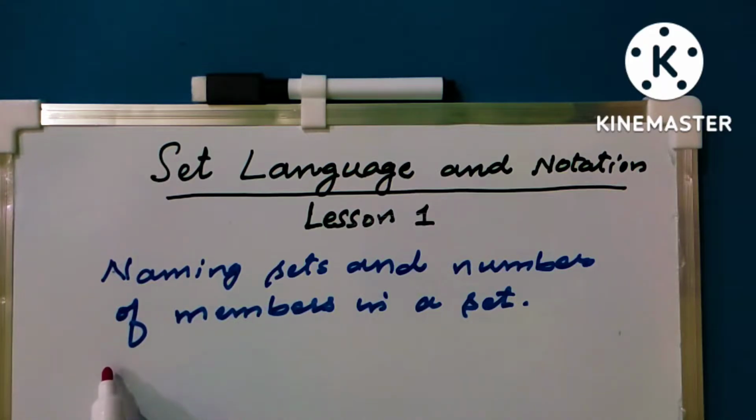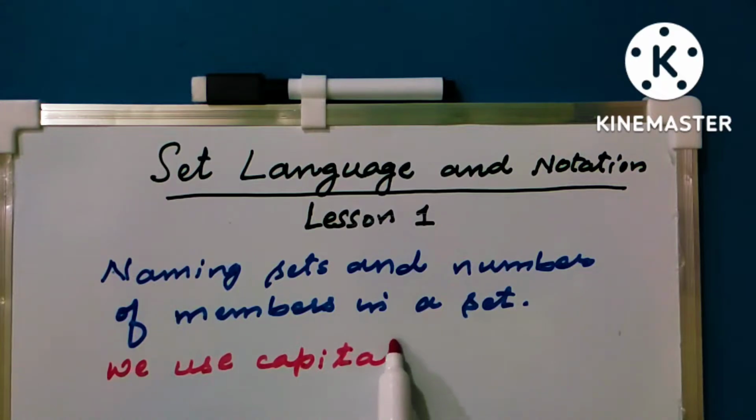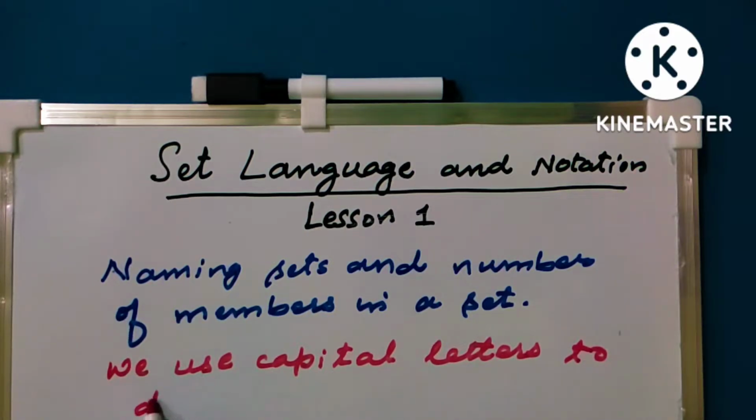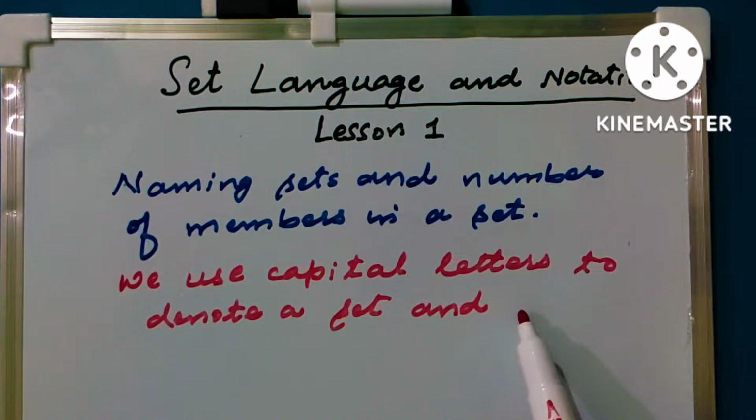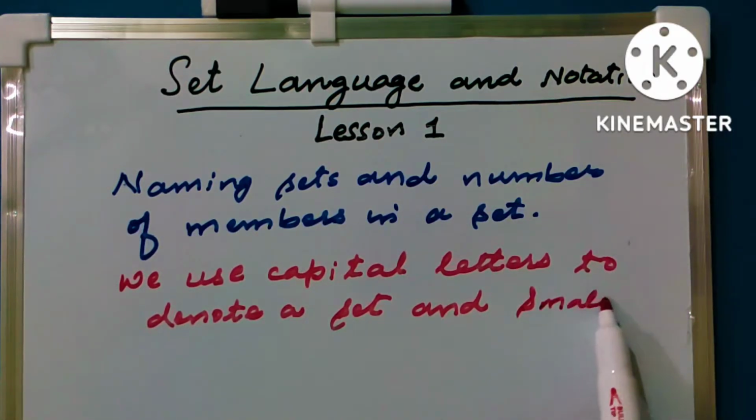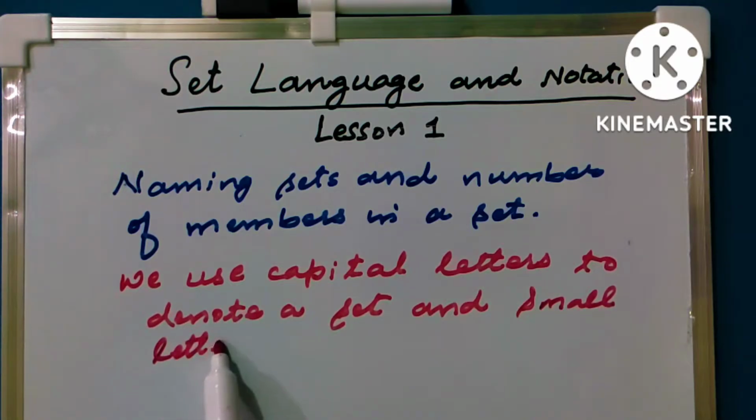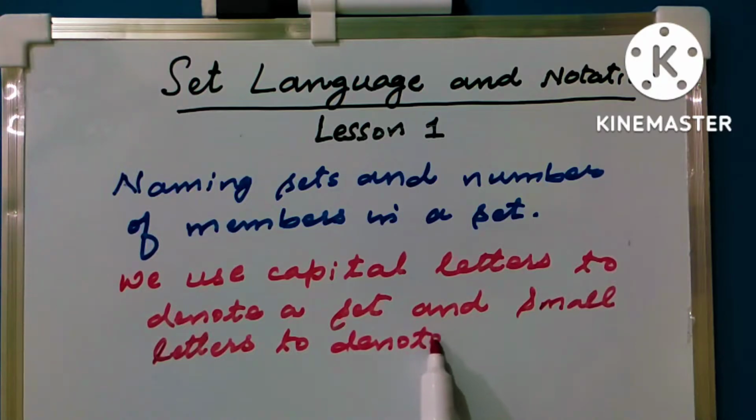Usually we use capital letters to denote a set, and small letters to denote the members.